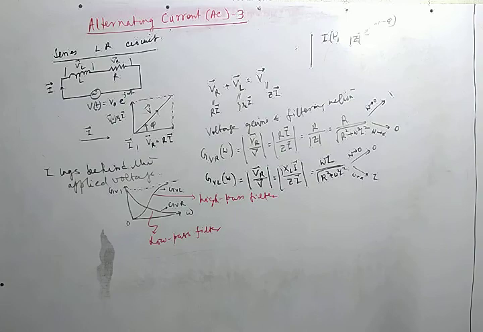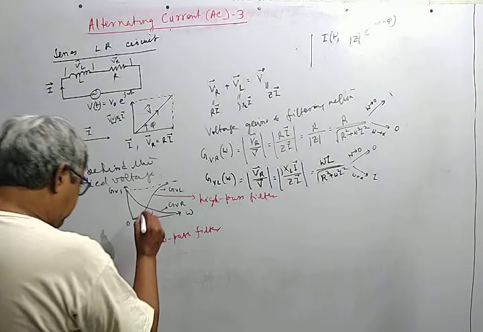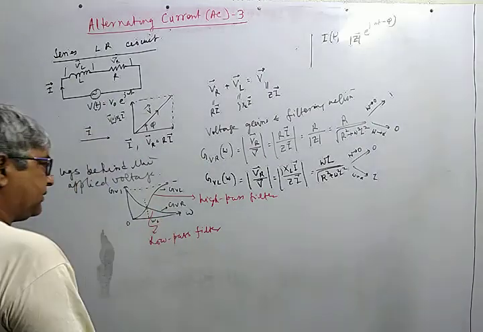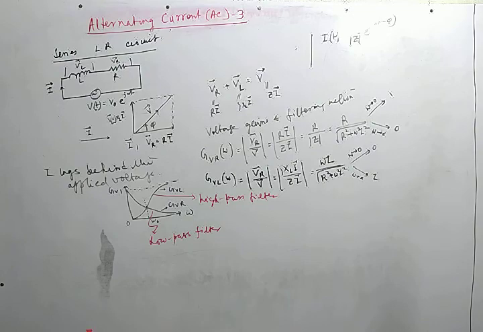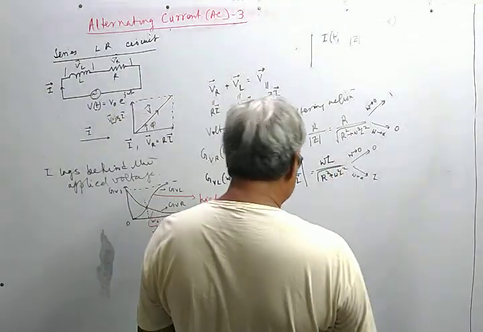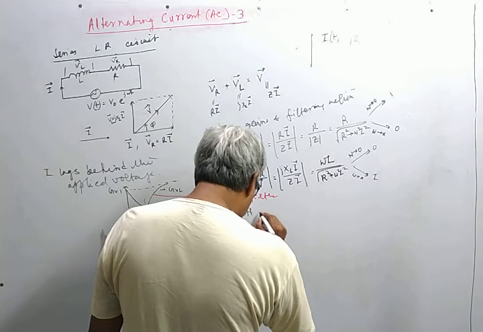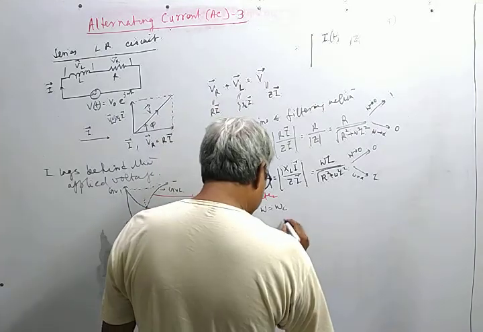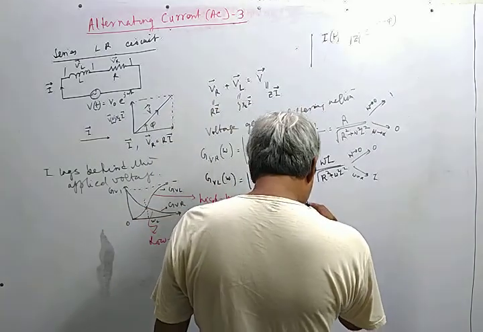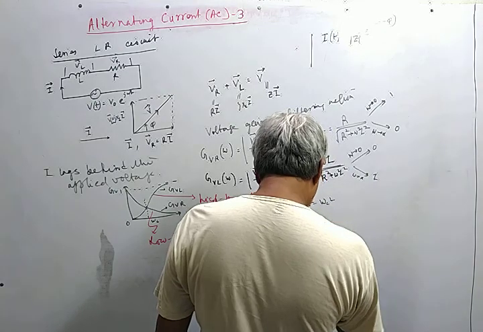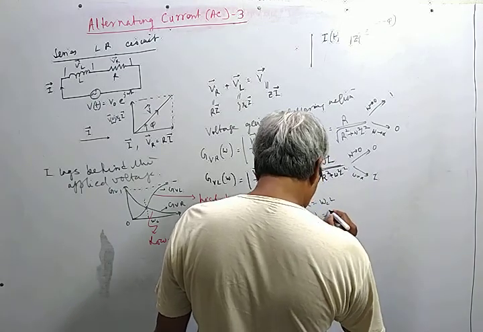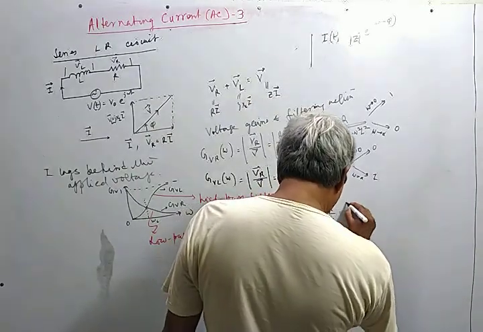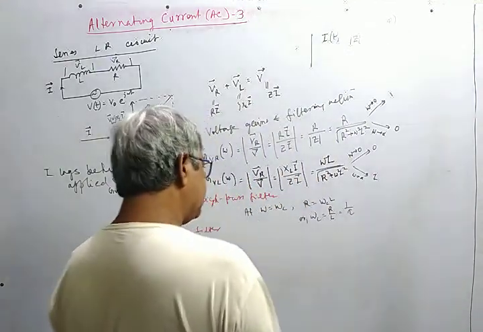These two voltage gains are equal at what is called the cutoff frequency. So at the cutoff frequency, omega equal to omega c, since the denominators are the same, we must have R equal to omega c L, or omega c is equal to R by L. Note that this is equal to 1 by tau, the time constant.